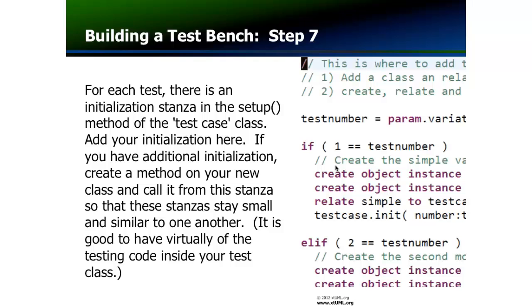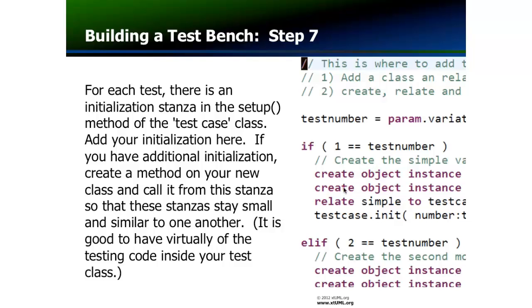As you're adding tests, there's one additional step that was not mentioned in step 5, and that is that for each test there's an initialization stanza in the setup method of the test case class. That's the supertype class. And by default, the subtype is created and related and initialized.